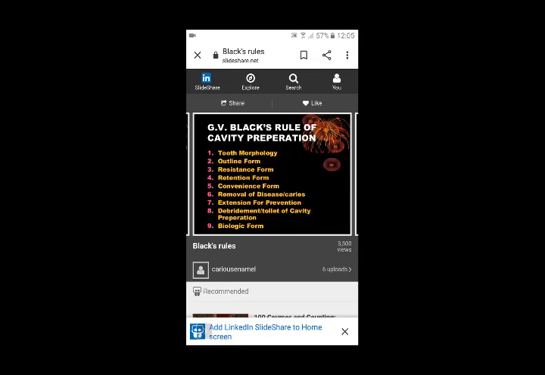Then, if we are designing the retention form, we are also concerned with how much material we are using for the construction of the building, and whether this material is strong or not.